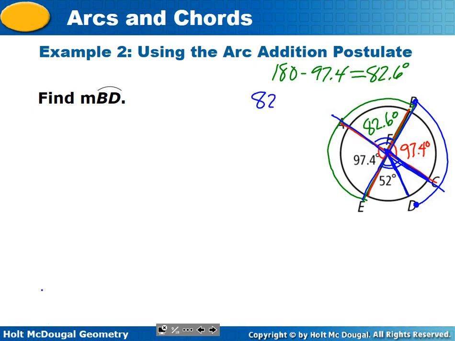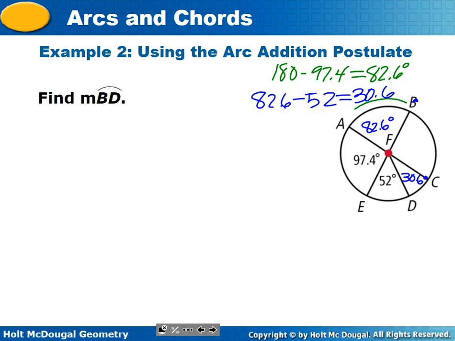So 82.6 minus 52 is equal to 30.6. So that means this one right here is 30.6. Let's go ahead and rewrite this so it's a little bit clearer.